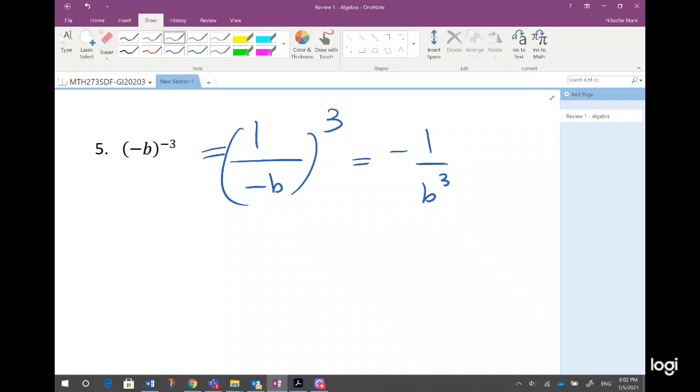When I see negative power, I just flip it and then I use positive power, because here it is 1 over minus b multiplied by 1 over minus b multiplied by 1 over minus b, which is minus 1 over b cubed. Okay, so that's the answer.